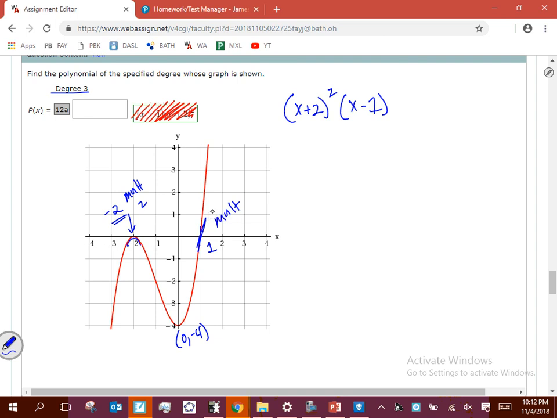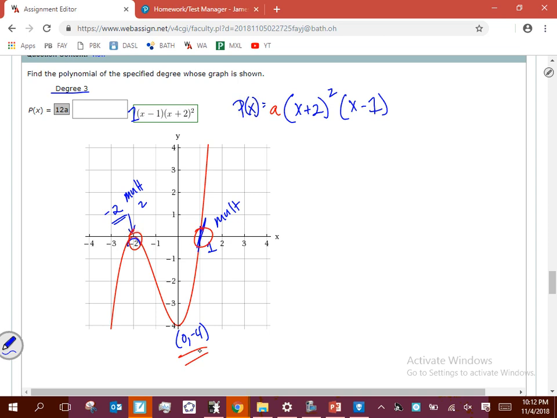Now what I would want to do, guys, is just make sure. So this is p of x. There's an infinite number of functions that look like this. They go through that 0 and that 0, but there's only one that goes through that y-intercept. So I'm going to make sure that I have the right a coefficient out here. If we look at this, it's saying that it should be a 1. I just want to validate that.